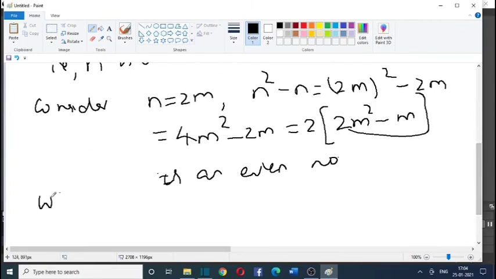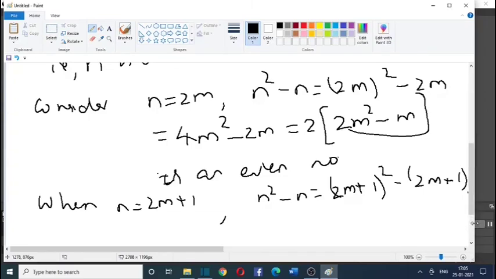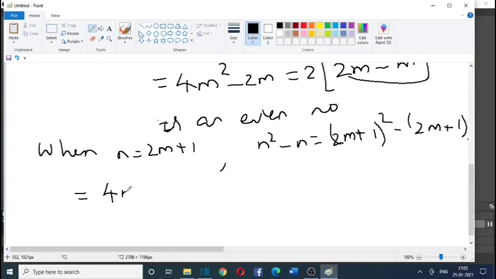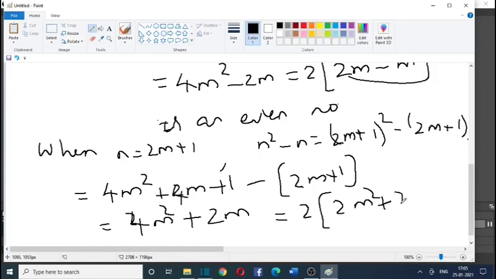Now when n is equal to 2m plus 1, consider n square minus n is equal to (2m plus 1) whole square minus (2m plus 1), which is equal to 4m square plus 4m plus 1 minus 2m minus 1, which is equal to 4m square plus 2m, and 1 minus 1 is 0, which is equal to 2 into (2m square plus m).